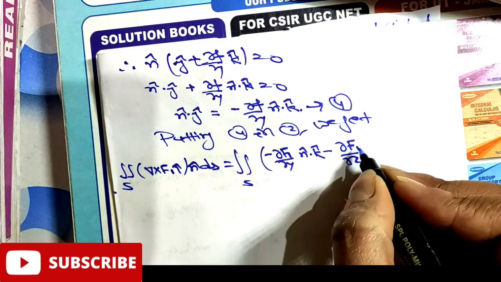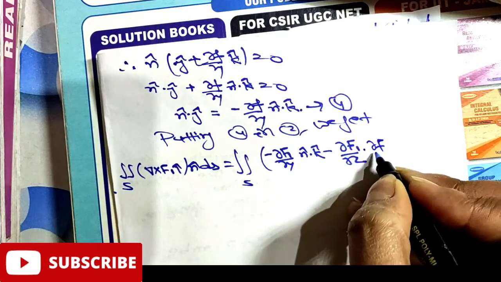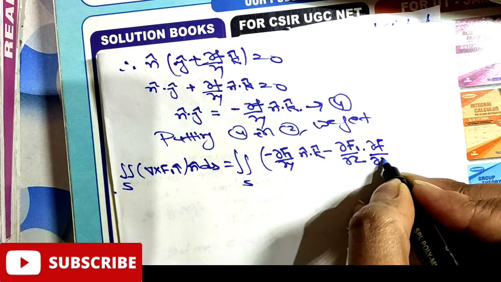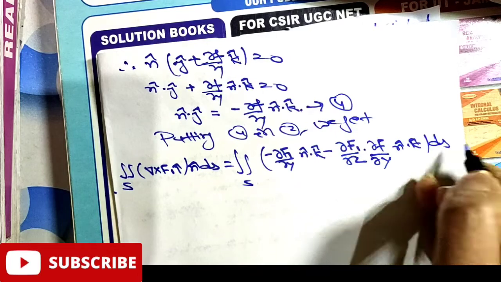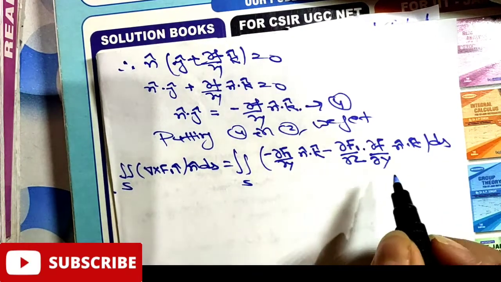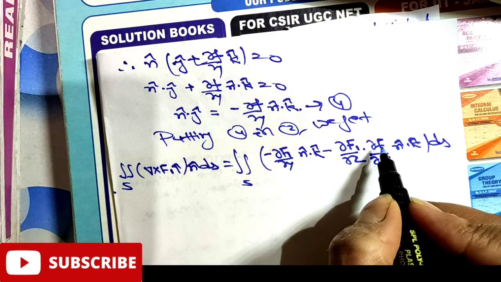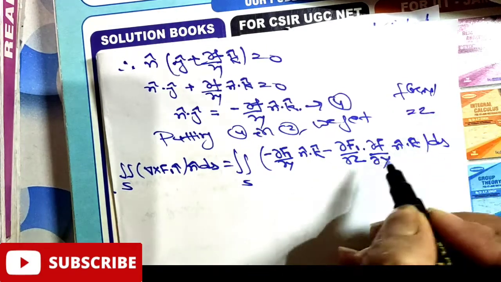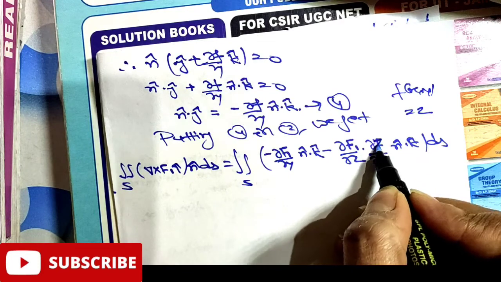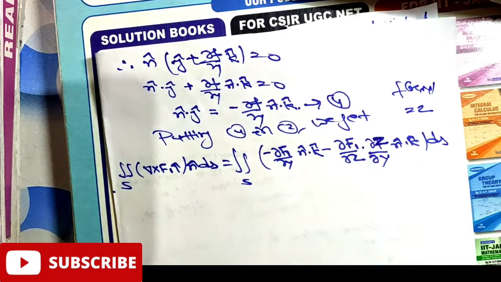This: minus del f upon del y n dot k ds. We know that this f(x,y) is equal to z, so we can simply write it as z also, del z upon del y.